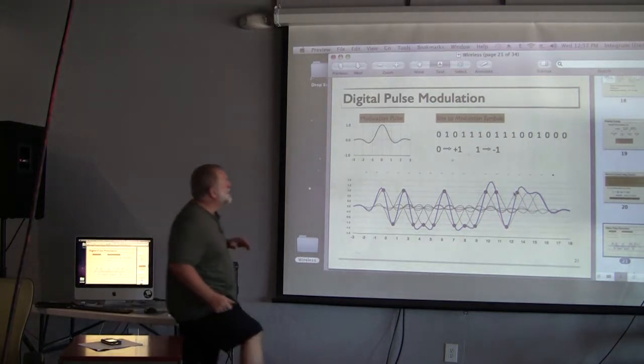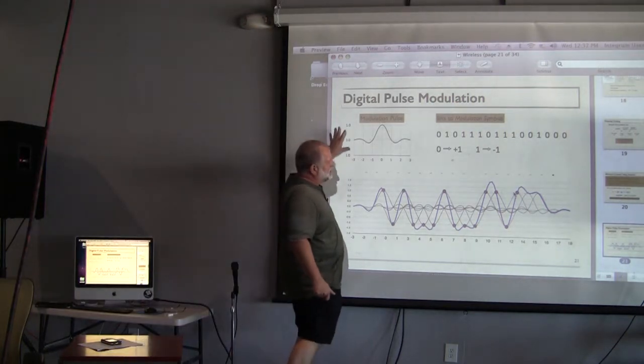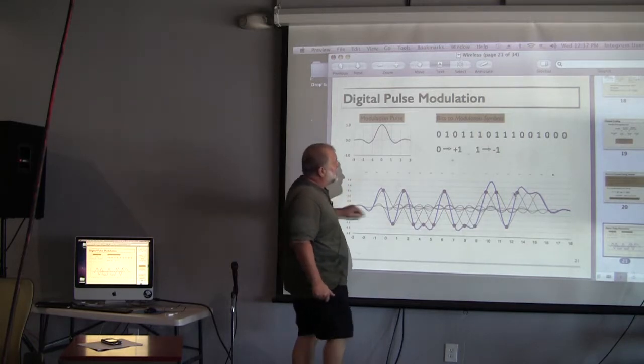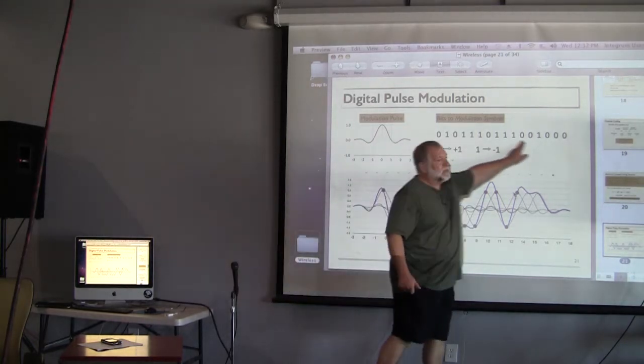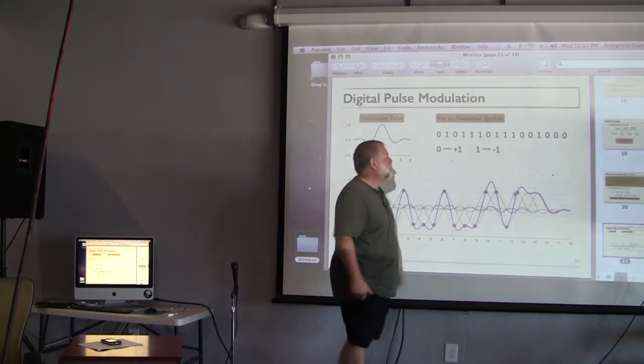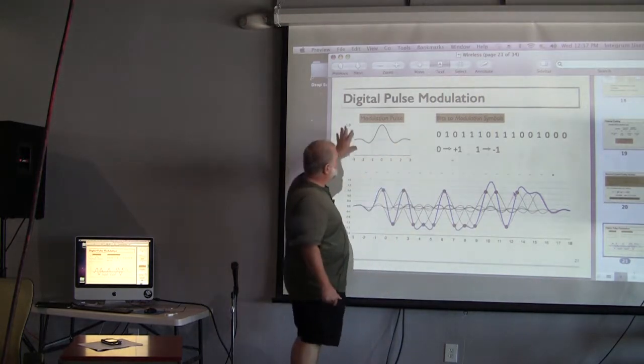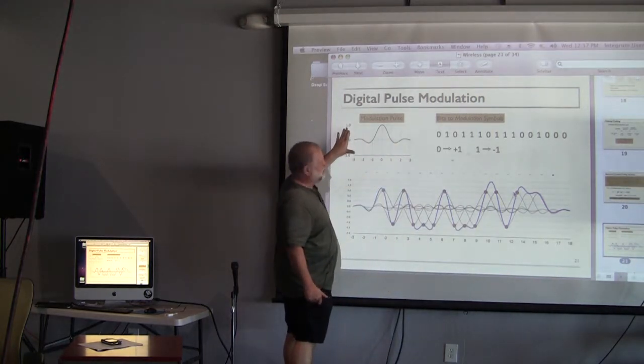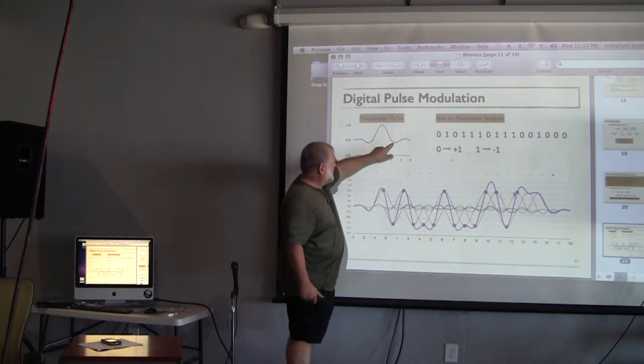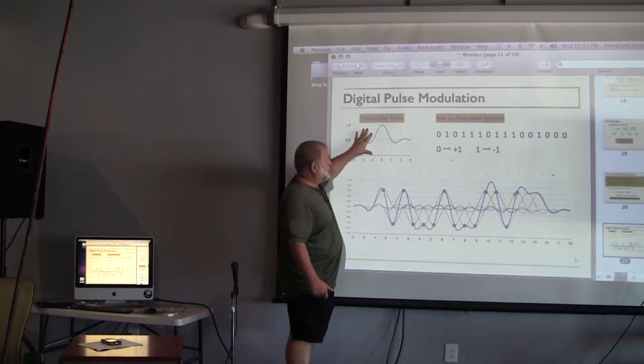Now, data modulation, this is all down at baseband. How do I take a stream of bits and turn them into a waveform? Well, the simplest, basic way is called pulse modulation. You start with a pulse waveform, and this is what the pulses actually look like, something like this.